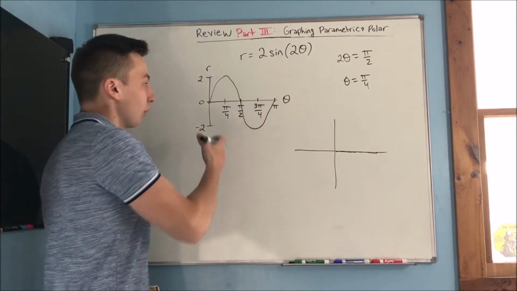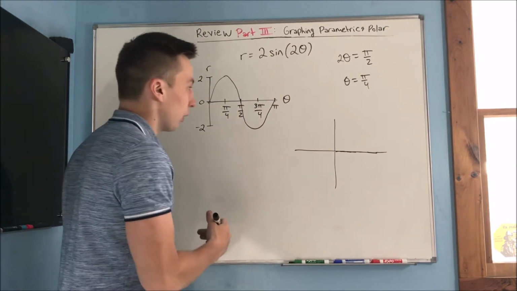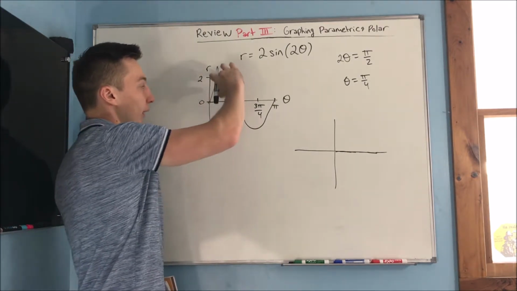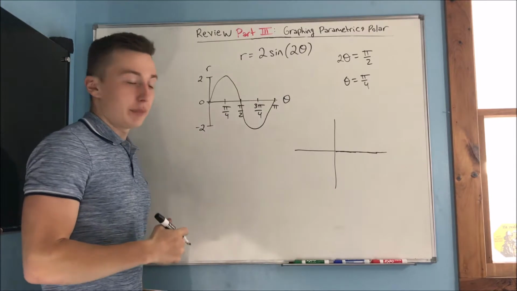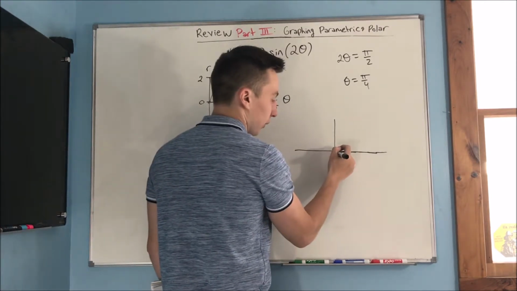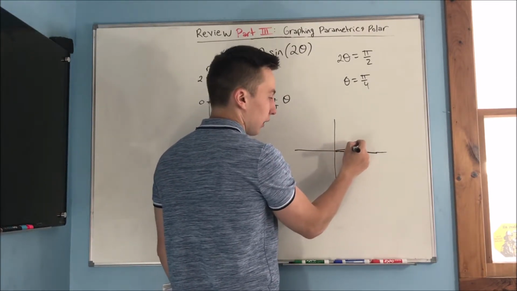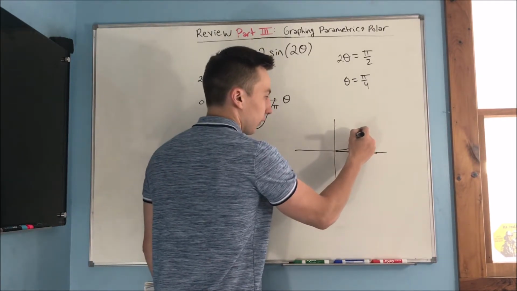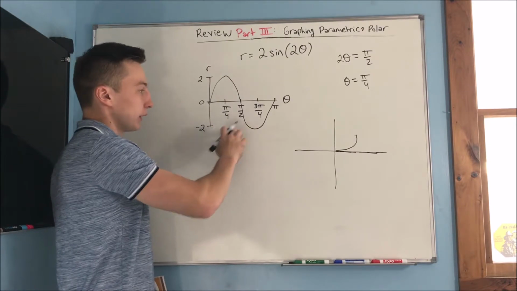So it's up to you. Now, what would this graph look like? Well, we're going from 0 to pi over 4, and we start off increasing r a lot and then level off. And then we come back when we go from pi over 4 to pi over 2.